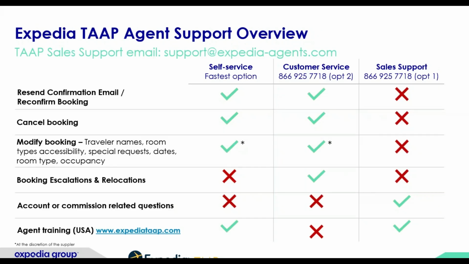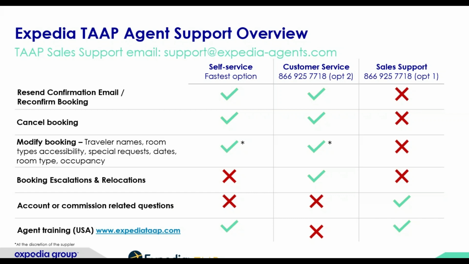So I know we just threw a lot of information at you. So let's cover some support and educational options we offer. This Expedia TAAP support guideline will help you know who to contact for what. There are many confirmations, cancellations, and modifications that you can do yourself.